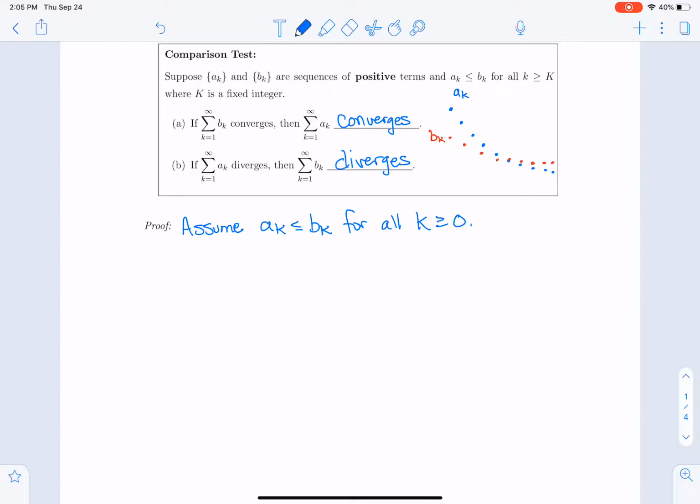Then I want to define my sequences of partial sums. A sub n is going to be the sum from k equals 1 to n of little a sub k. And B sub n is going to be the sum from k equals 1 to n of little b sub k. So these are the sequences of partial sums.